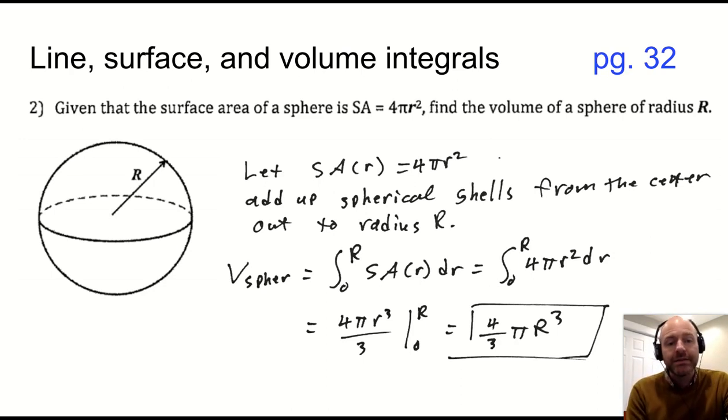So you integrate 4 pi r squared with respect to r from 0 to capital R, adding up arbitrarily thin spherical surfaces to get 4/3 pi r cubed, which is, of course, the volume of the sphere.